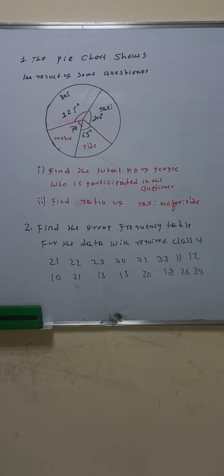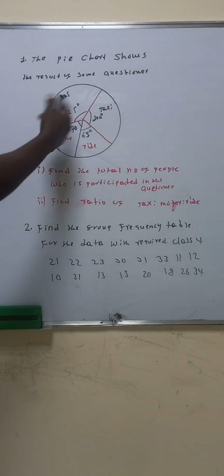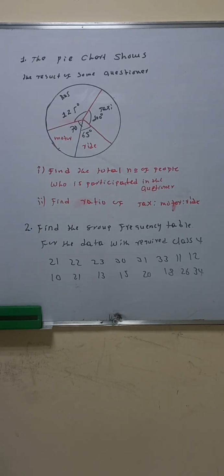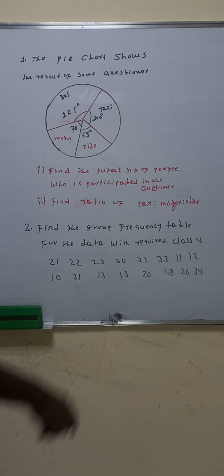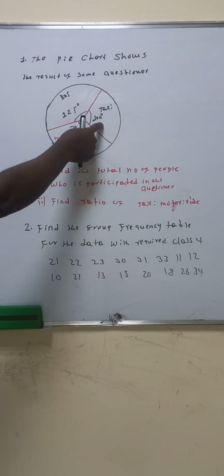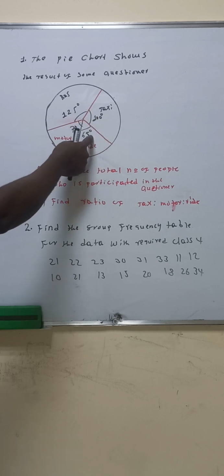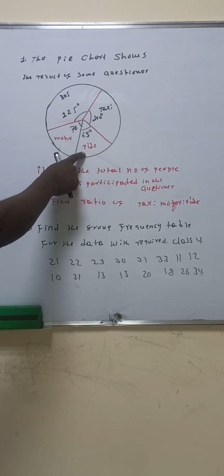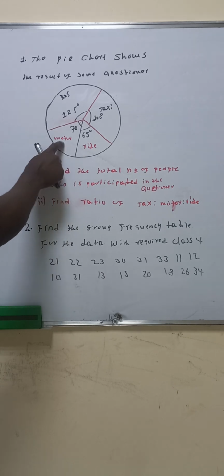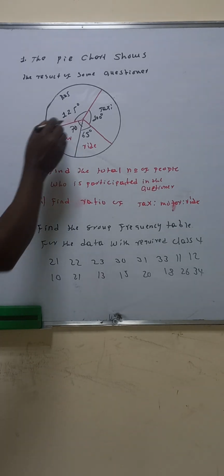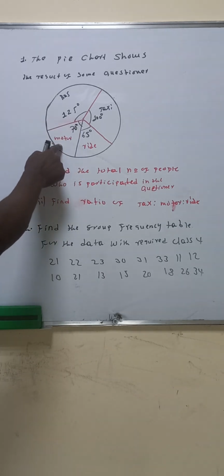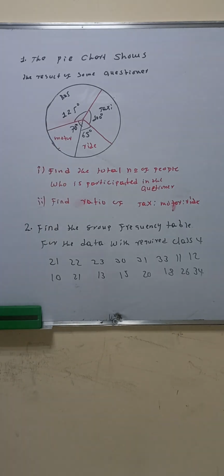So let me come to how we are going to do this kind of problem. For example, find the total number of people who participated in the questionnaire. Here different people were asked what kind of transportation has been used. For example, 100 degrees indicates the number of people who use taxi, 65 degrees indicates the people that use a ride, 70 degrees indicates the people who use motor, and this one the people who use buses.